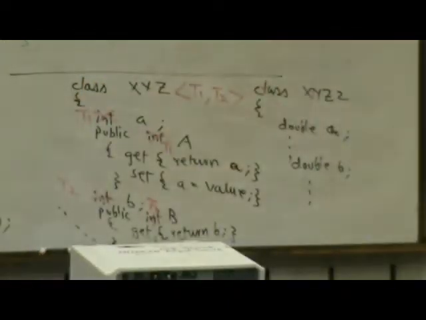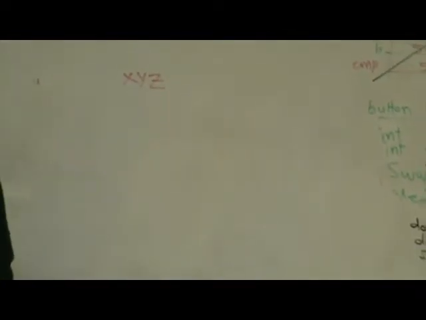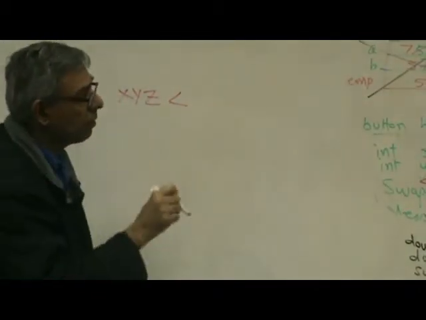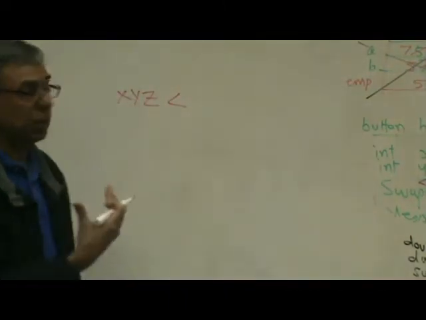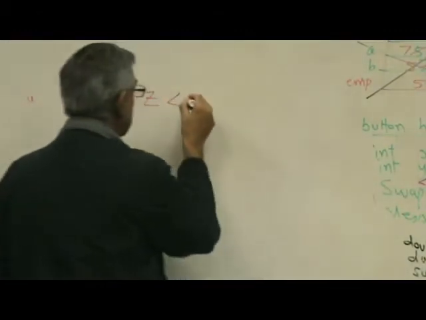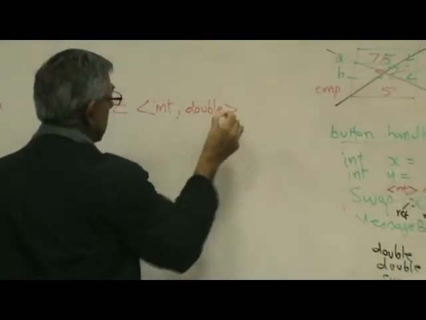So the calling code will look something like this, XYZ. Now because XYZ is a generic class, after the less than sign, the caller has to decide what should be the data type for T1, what should be the data type for T2. So if we wanted A to be int, the caller will say int over here, comma. If the caller wanted B to be double, the caller will say double.